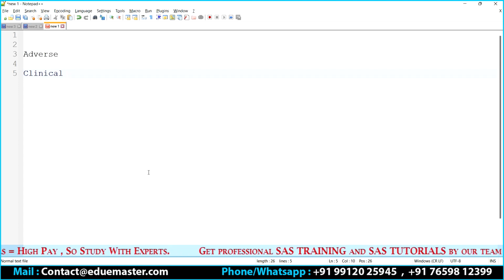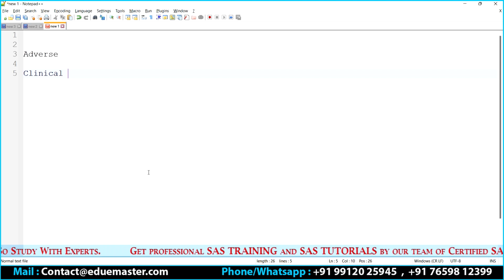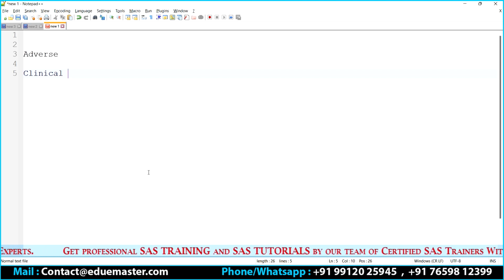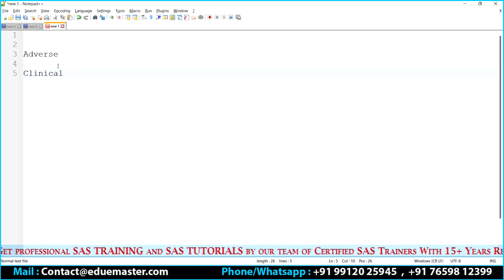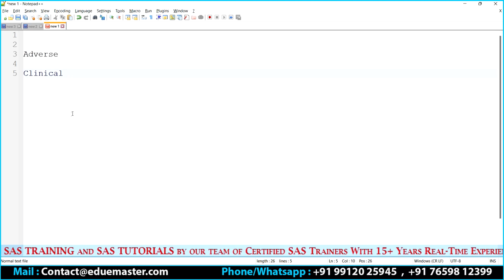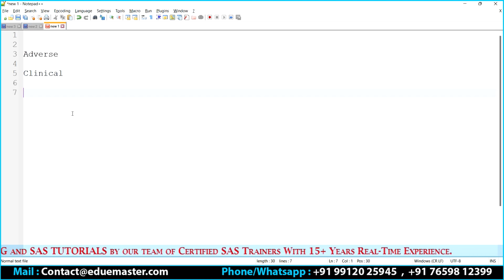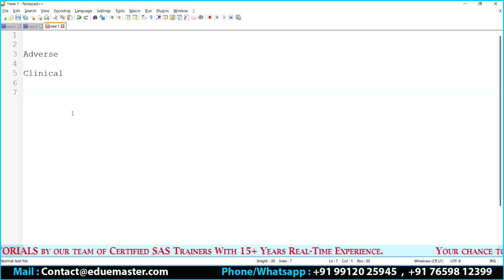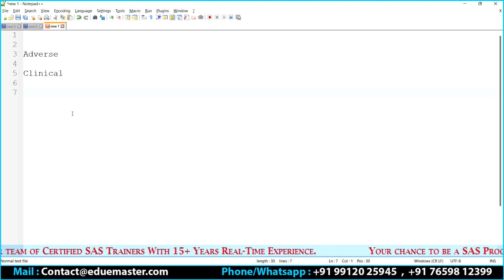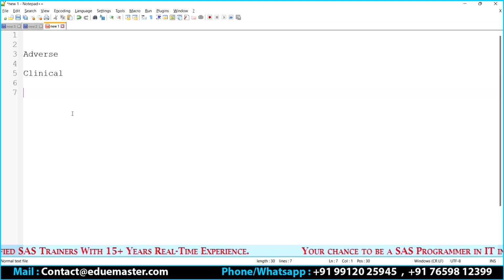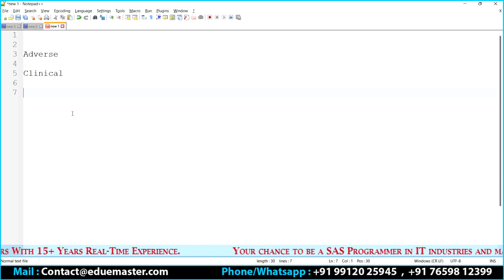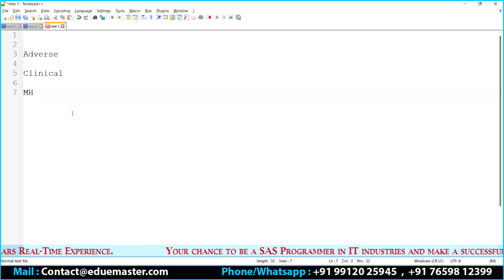Almost all the variables, most of the variables, are repetitive, right? But you need to understand what kind of data flows here and what kind of data flows there. The first one is for unforeseen or sudden events. The second one is going to be the symptoms or side effects. Then medical history, again the same terminology, but what data will flow here?